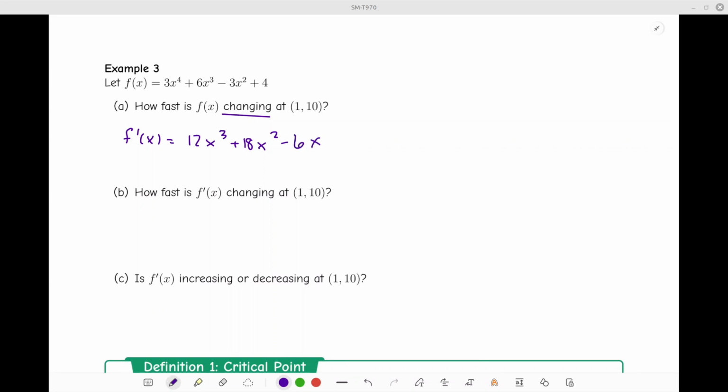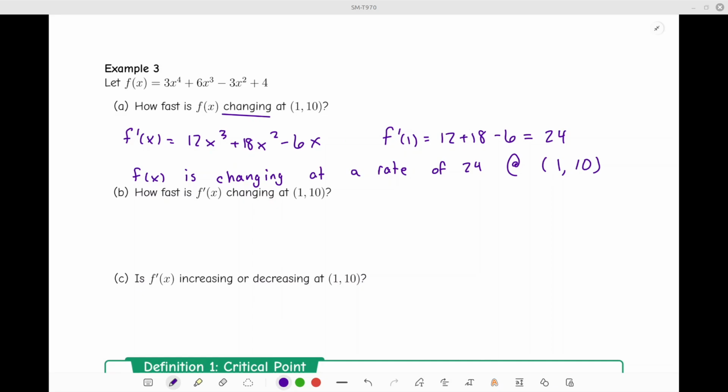And now to answer the question, I need to plug 1 into the derivative, which would equal 12 plus 18 minus 6, which is 24. So f of x is changing at a rate of 24 at 1 comma 10.